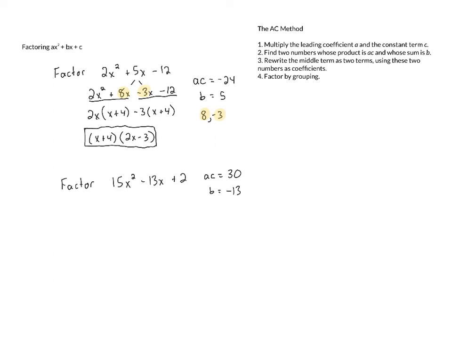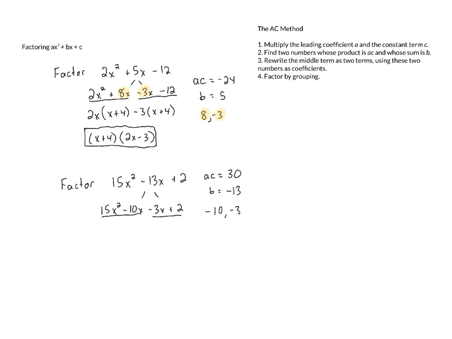Those numbers end up being negative 10 and negative 3. A negative times a negative is going to give us a positive, and negative 10 plus negative 3 gives us negative 13. So I'm going to rewrite this polynomial, but I'm going to split the middle term into negative 10x minus 3x. And once I've done that, we have 4 terms, and we can finish by grouping.